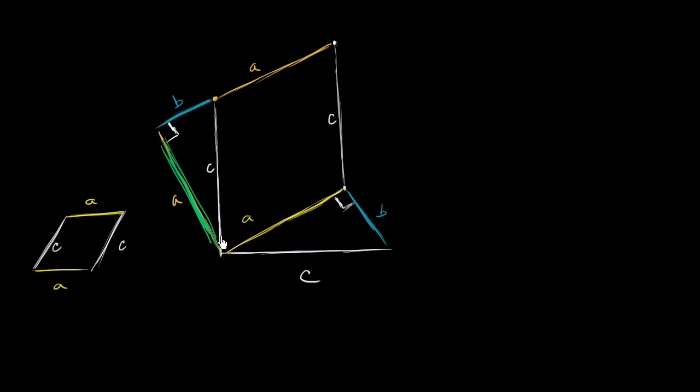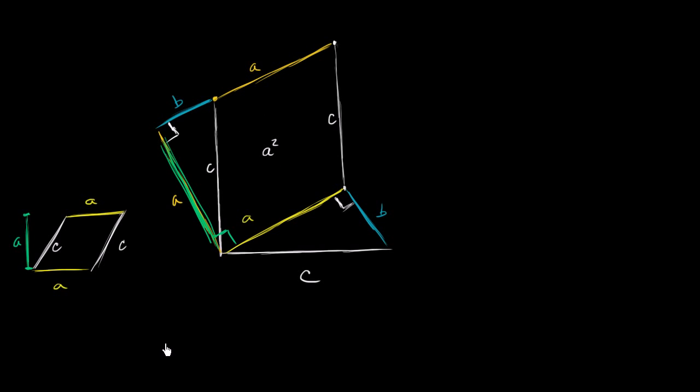This side is perpendicular to the base. So the height of the parallelogram is A as well. So what's the area? Well, the area of a parallelogram is just the base times the height. So the area of this parallelogram is going to be A squared.